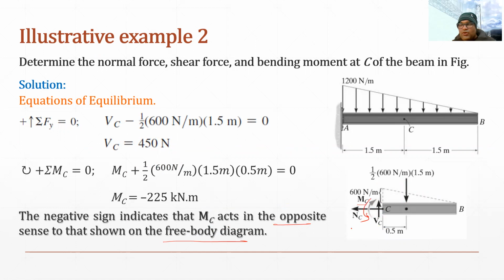So that is what we will be writing here. So that is the solution for internal forces for this question. We have now calculated the value of NC, VC and MC, which is what we were required to find out in this case. And that is the solution.